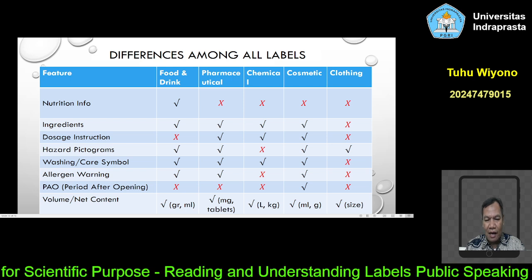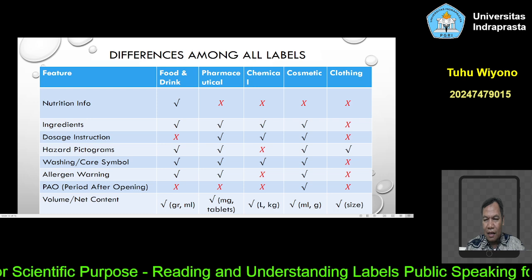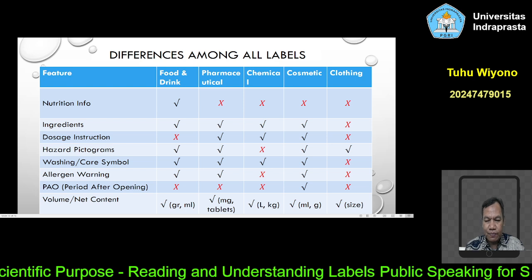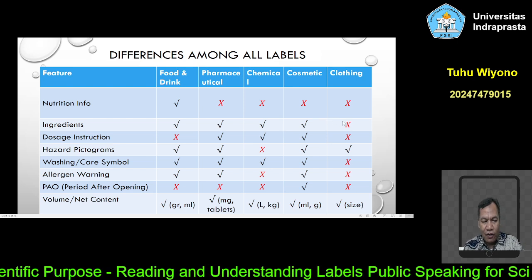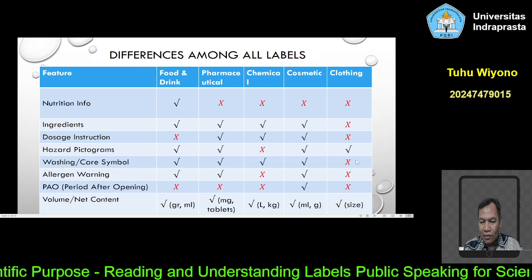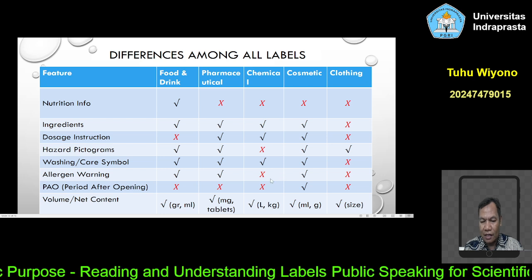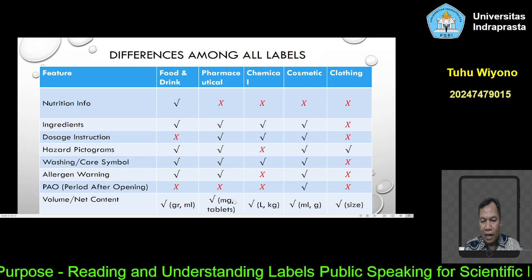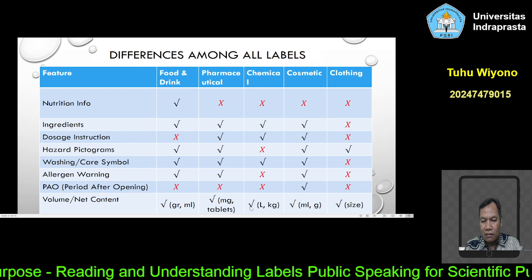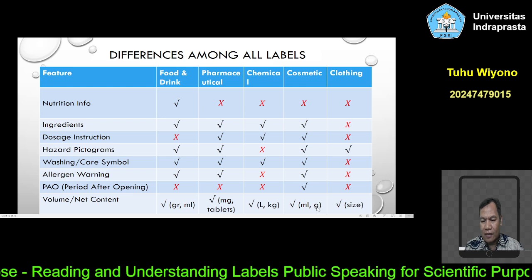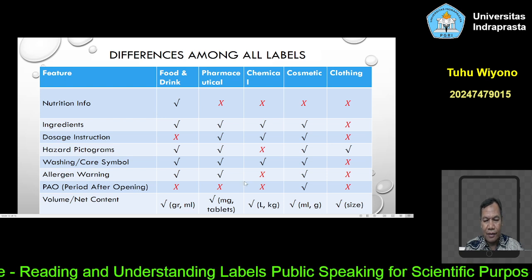Period after opening is only available in cosmetic. Volume net content is available in all kinds of labels, usually in units such as gram, milligram, tablets, liter, size, and others.